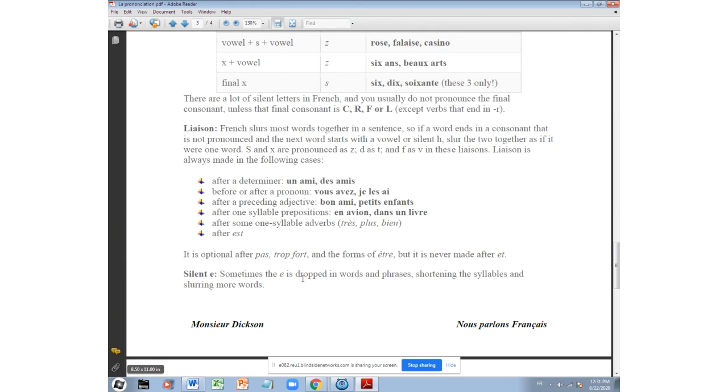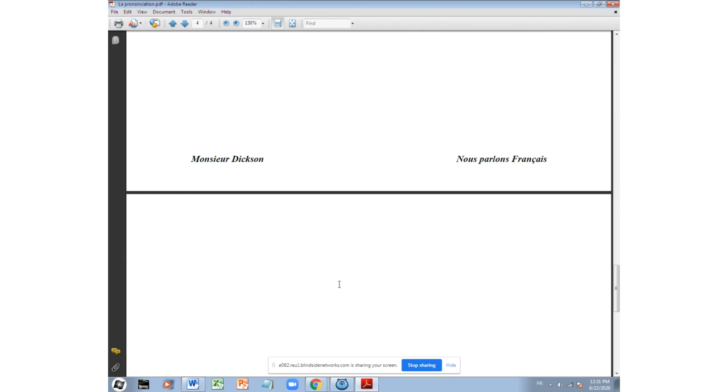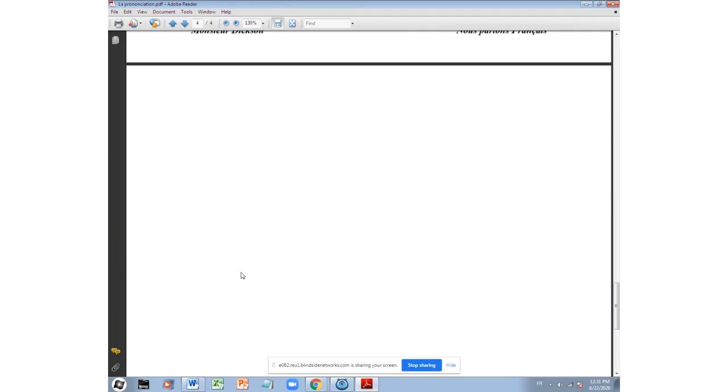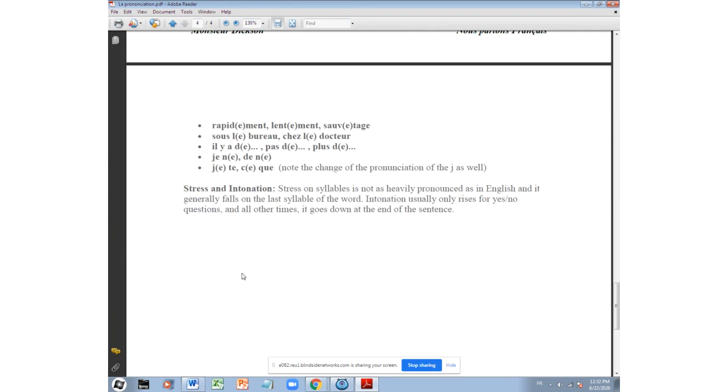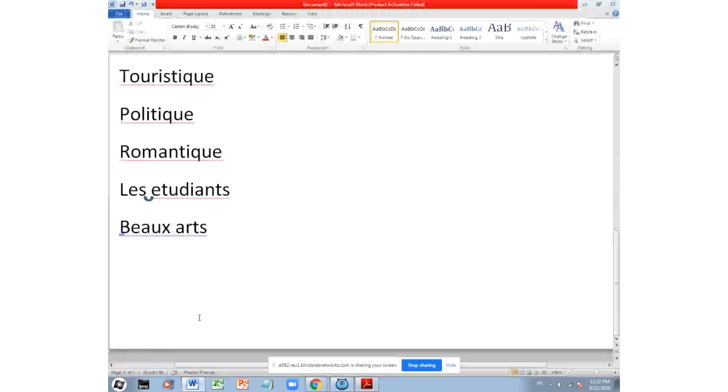Now, let me explain myself. When you have words which have two components, especially words formed from an adjective, let me explain from the other end. We have the word rapide. Then you add M-E-N-T, and you see this word has two components.